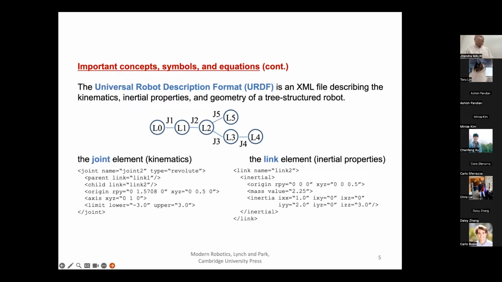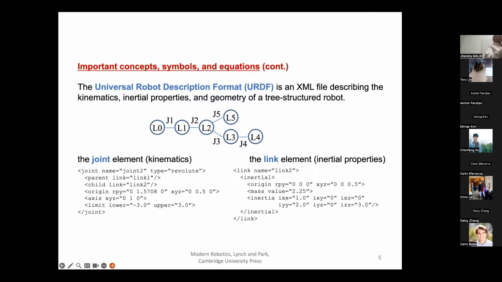Next, I want to point out the practical computer science aspects of it. Every robot is described using this URDF, Universal Robot Description Format. And this specifies the geometry of the robot. In addition, we also specify the inertial properties, like, for example, mass.